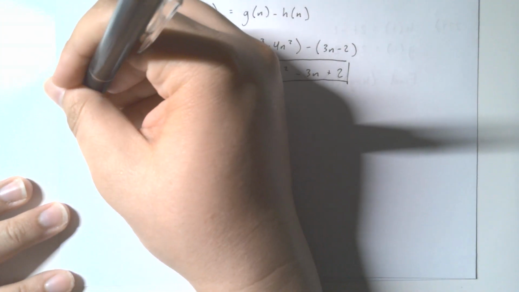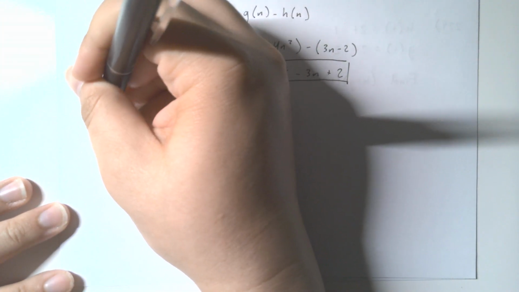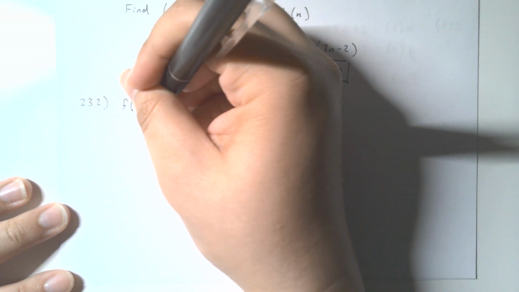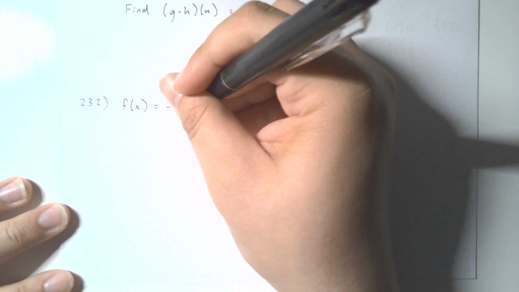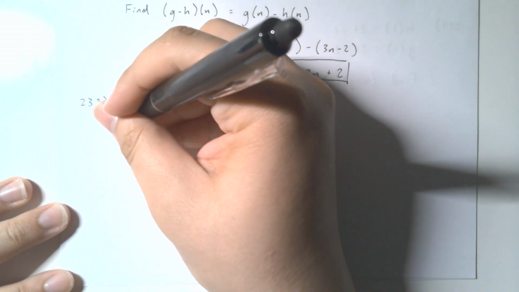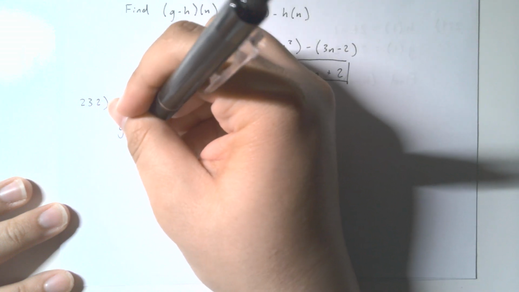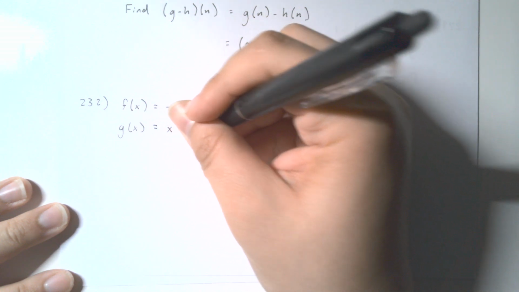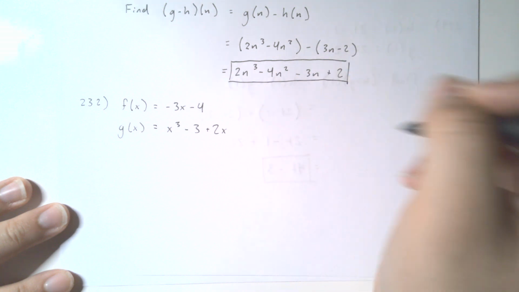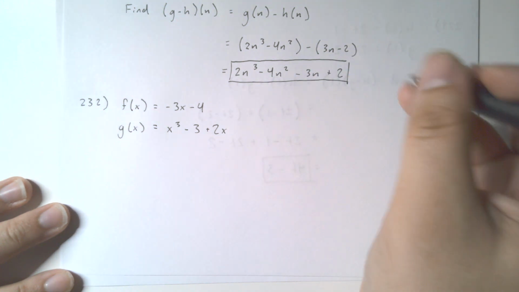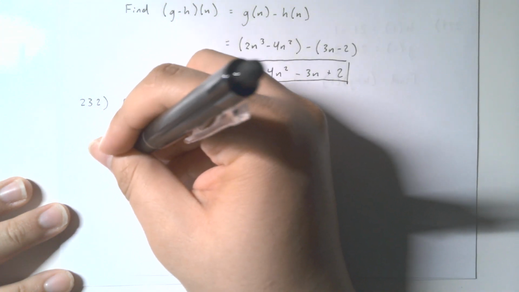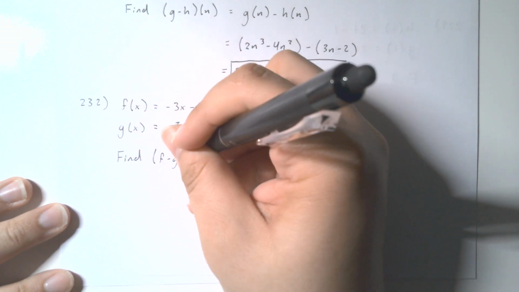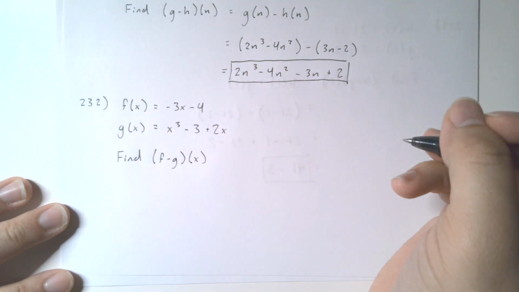For the next one, we have 232. This one, we have f of x is equal to negative 3x minus 4, and we have g of x is equal to x cubed minus 3 plus 2x. So we want to find f minus g of x.